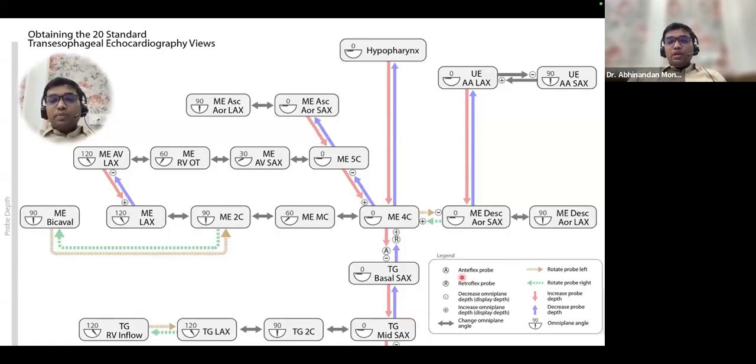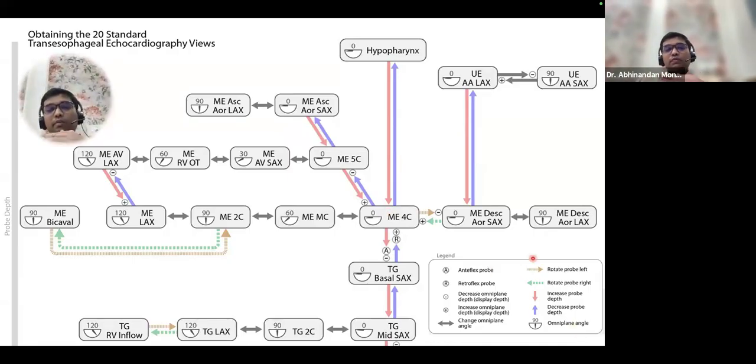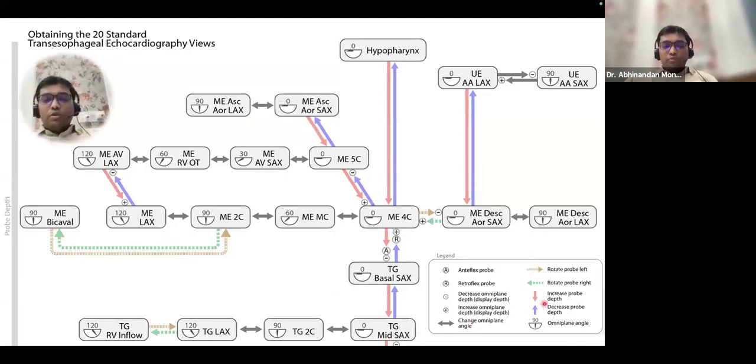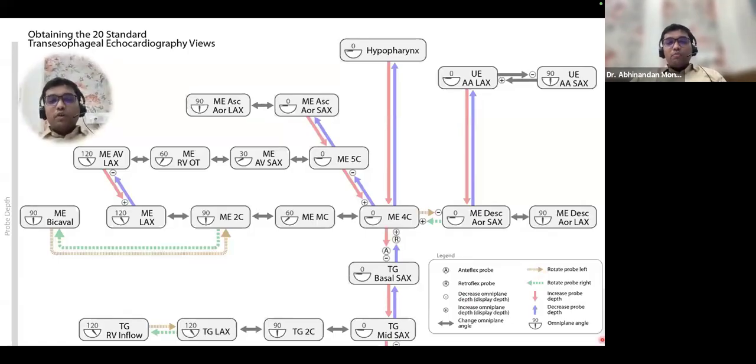The omniplane angles mentioned everywhere are actually average degrees of omniplane angle. A better image can be found anywhere between 10 degrees back and 10 degrees forward.